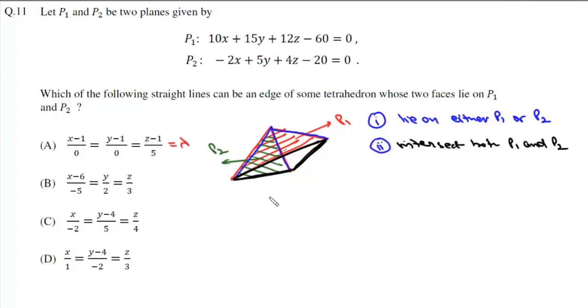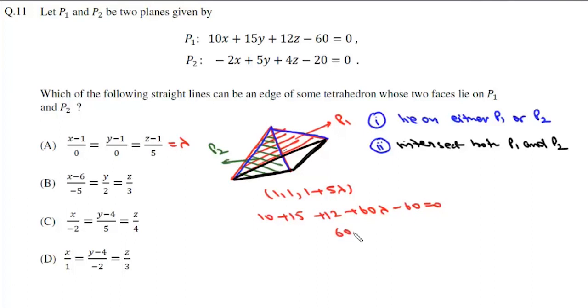So this point will be 1, 1, and then 1 plus 5 lambda. Now we'll see if this line intersects both the planes. Now if we put these coordinates in this first equation, we get 10 plus 15 plus 12 plus 60 lambda minus 60 equals 0.